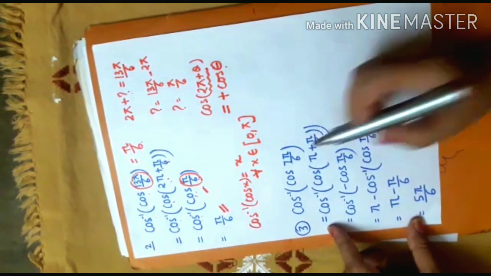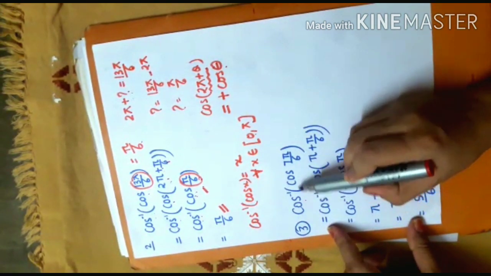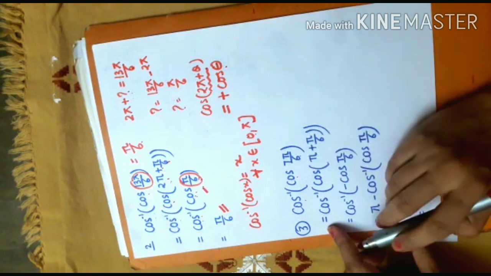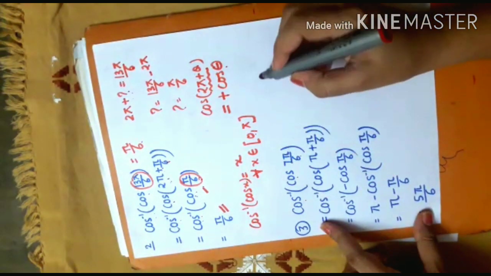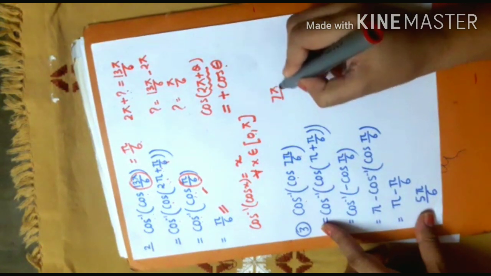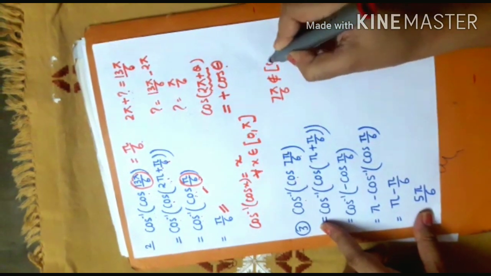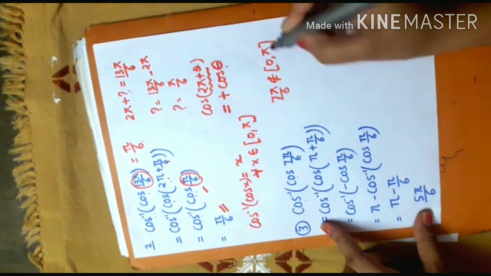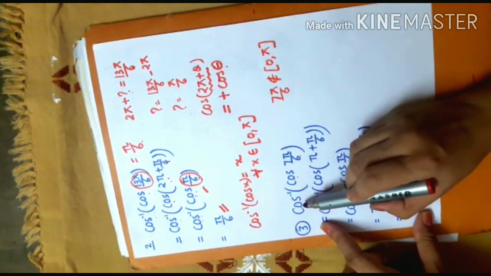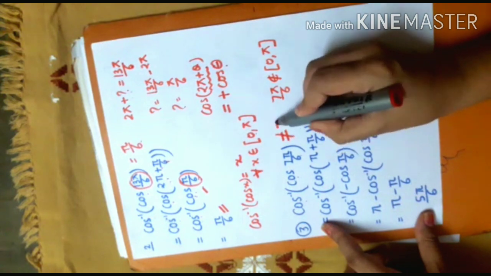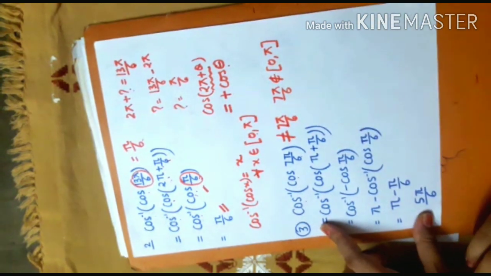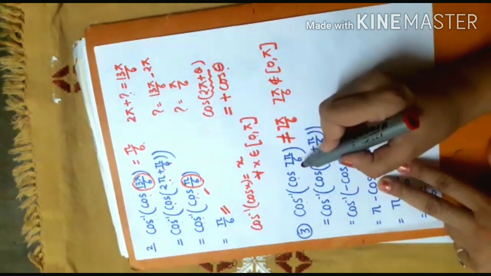Let's take another question. Cos inverse cos 7 pi by 6. Now again, 7 pi by 6 does not belong to the closed interval 0 to pi. So here cos inverse cos 7 pi by 6 is not equal to 7 pi by 6. So we have to modify this.